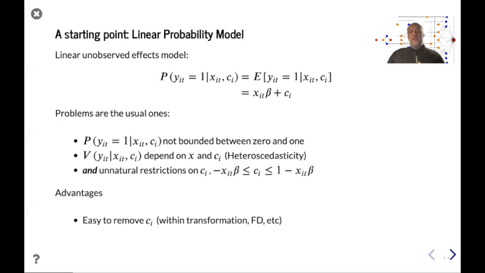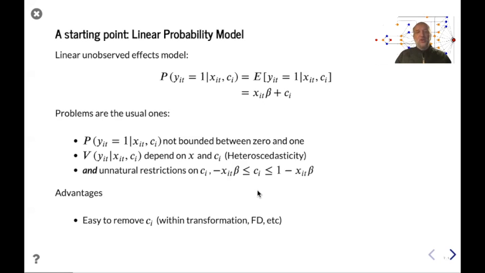The advantage here is it's very easy to do a transformation of the model that completely eliminates the unobserved effect, so we don't have to worry about whether it's correlated with the explanatory variables, or about calculating robust variance covariance matrices and so on.